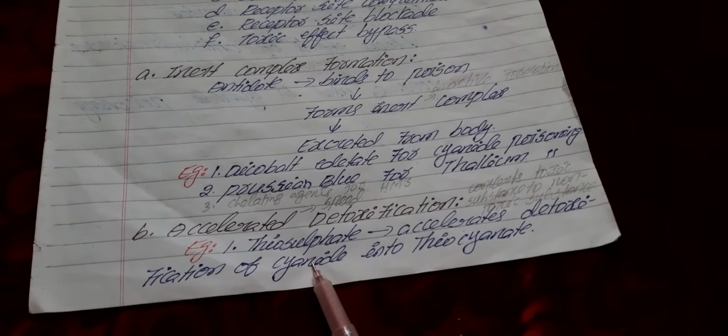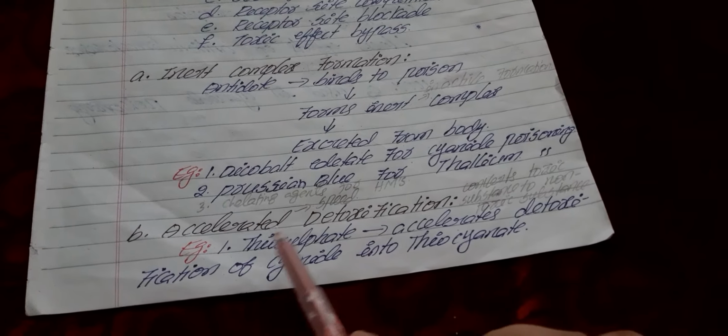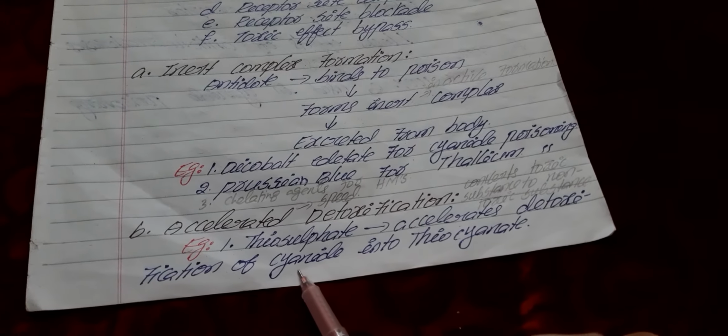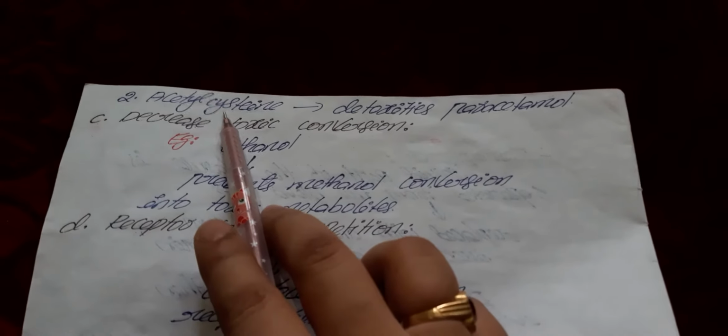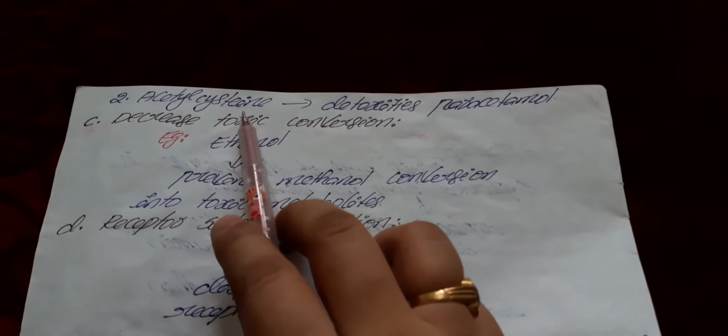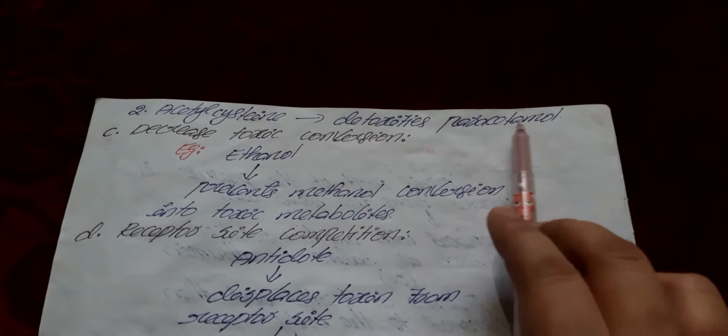Cyanide is a poisonous substance, and thiocyanate is a non-poisonous substance. The second example for accelerated detoxification is acetylcysteine, which will detoxify paracetamol poisoning.